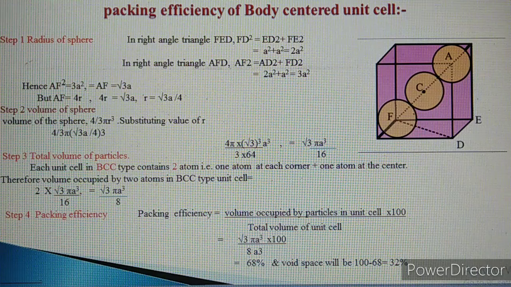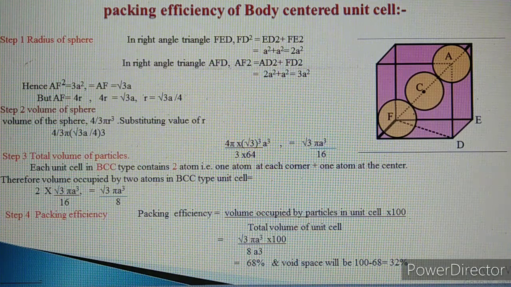So substituting the value of r, we are getting 4 pi under root 3 cube a cube divided by 3 into 64. If we solve, that is, if we substitute the value of pi and divide and multiply, then finally we will get the volume of the sphere equal to root 3 pi a cube upon 16. So from step 2, the volume of one sphere is equal to under root 3 pi a cube upon 16.